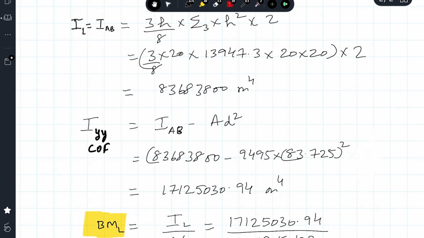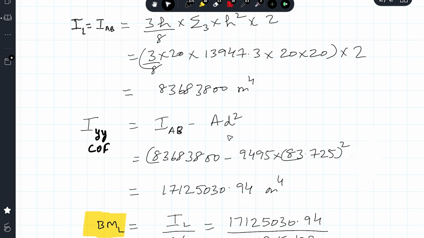Now this axis which is at the aft end is parallel to the axis passing through the center of rotation. So in order to get the moment of inertia about center of rotation, axis YY passing through the center of rotation, I apply parallel axis theorem. So moment of inertia about aft end axis AB minus AD square.